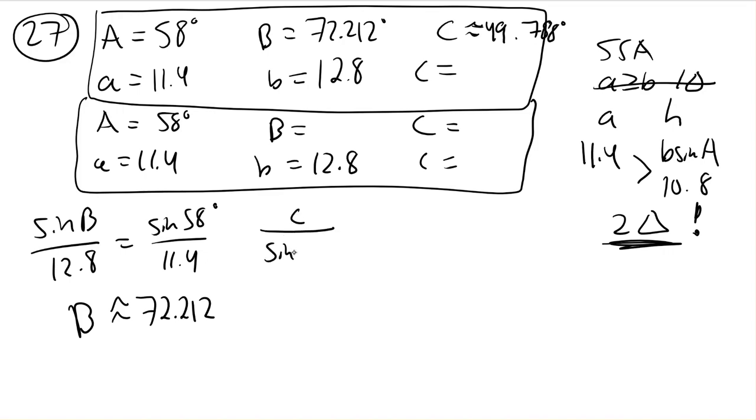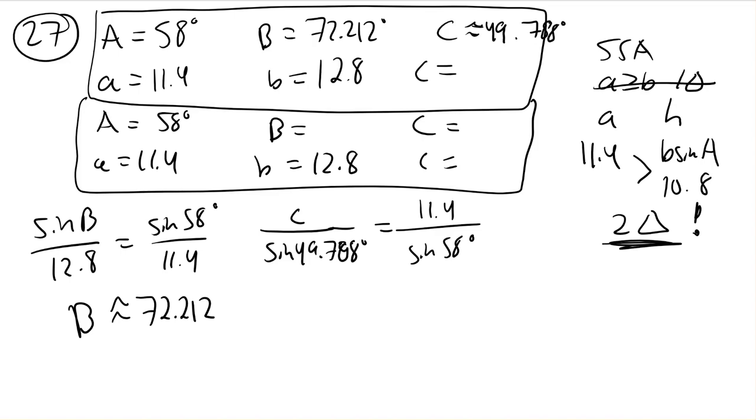Length C over sine of angle C is equal to A over sine of A or B over the sine of B. Take your pick. I'm going to just do A's, since those were given to me in the problem.